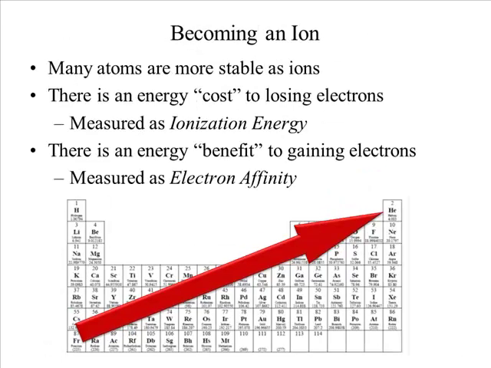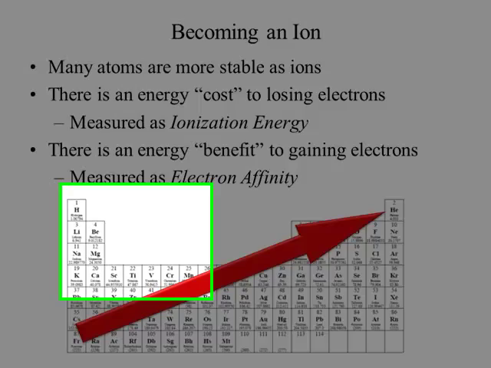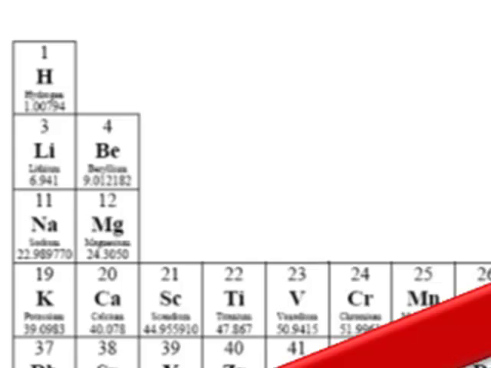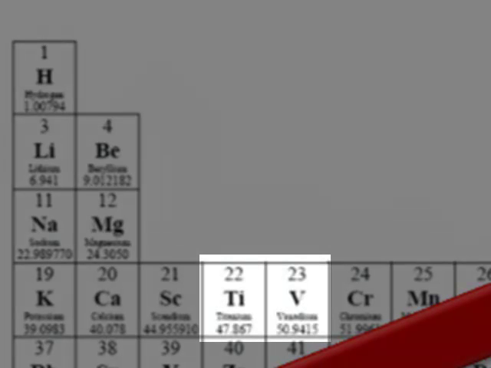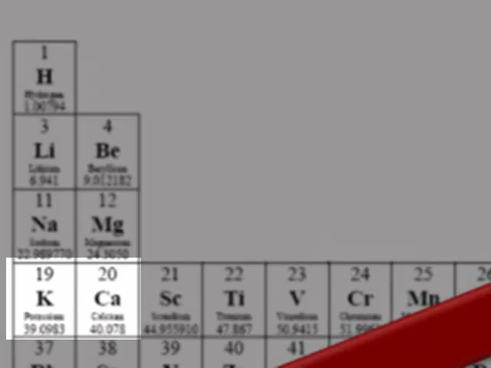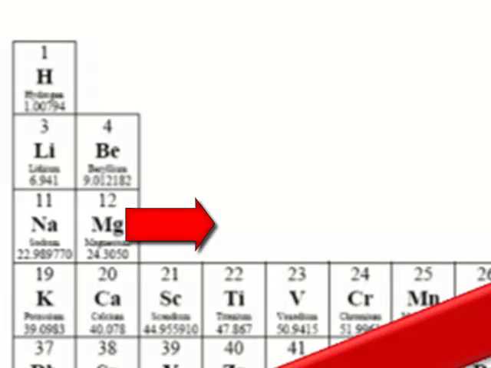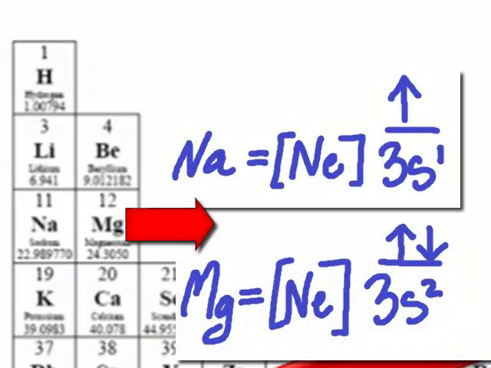Most specifically, there are exceptions where you're dealing with two elements that are right next to each other on the periodic table. In cases where you compare elements that are very close to each other, you have to look at their electron configuration to determine which one would actually have the highest electron affinity or ionization energy.